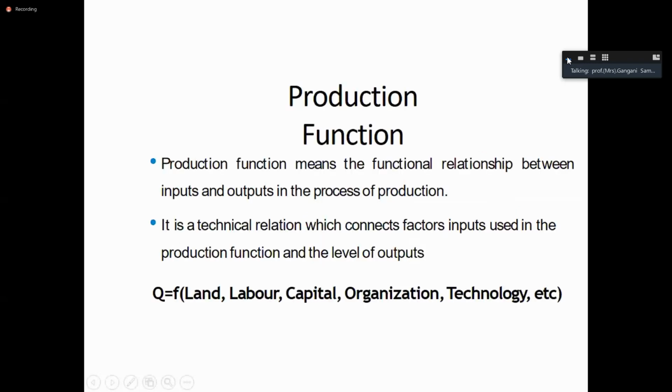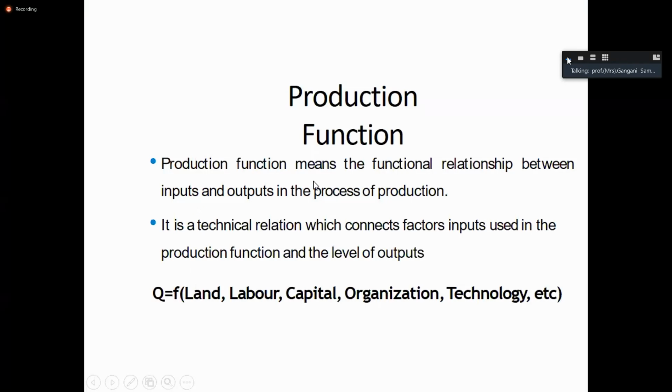Okay, so then we will see the production function. As I explained, it can be an equation. See, production is a function of maybe land, labor, capital, the organization, technology, or any other inputs. Okay, output input relationship as a function.